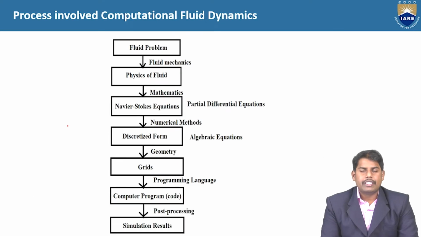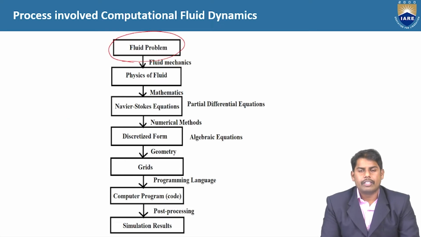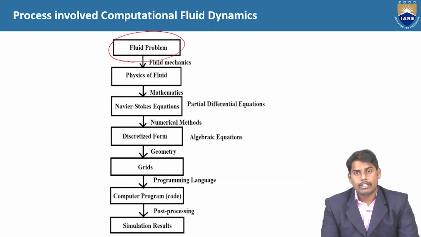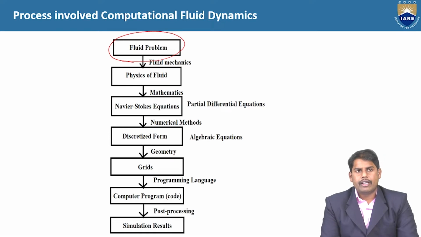Now we'll see what processes are involved in CFD. First we need to select what the fluid problem is: whether the fluid is an incompressible or a compressible flow, whether the fluid has any heat transfer phenomena, whether it is traveling at Mach number greater than 1 or less than 1, or whether the fluid is water or honey.